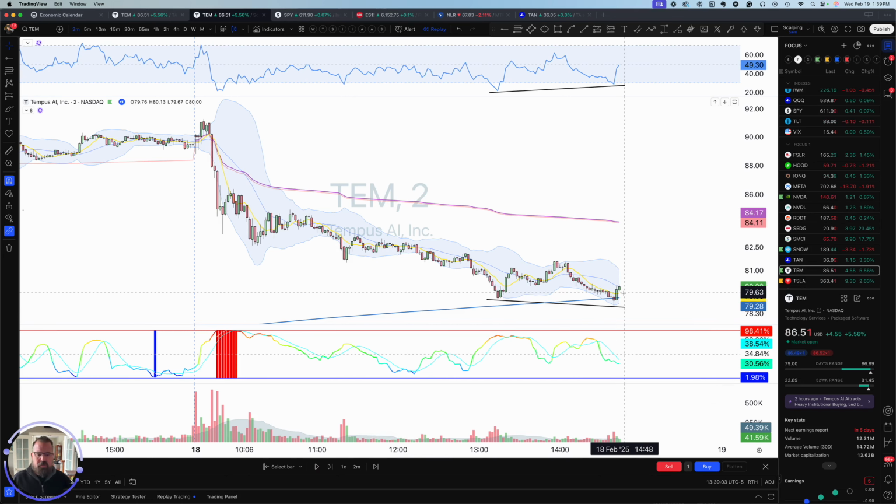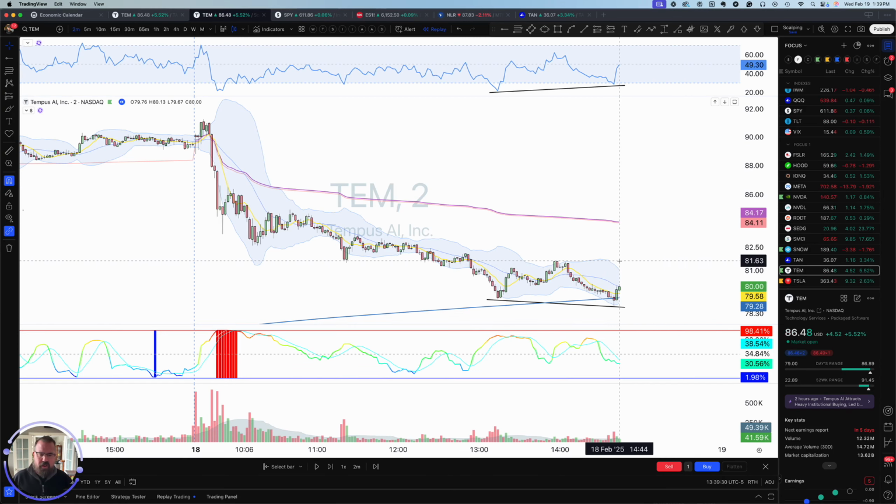Now, I could have just bought the stock and put a stop at about 78, 75, something like that, and you'd have been risking about maybe 75 cents in a trade for upside at 79.50, call it. The first target is in this area, about $81, the top of the Bollinger Band.